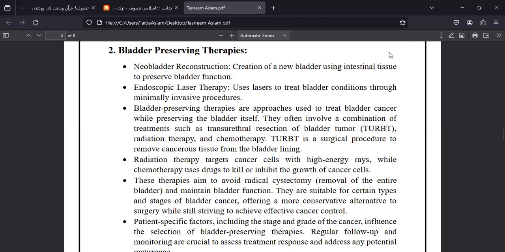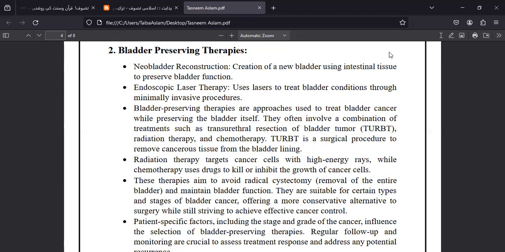Bladder-preserving therapies are approaches used to treat bladder cancer while preserving the bladder itself. They often involve a combination of treatments such as transurethral resection of bladder tumor, that is TURBT, radiation therapy, and chemotherapy.